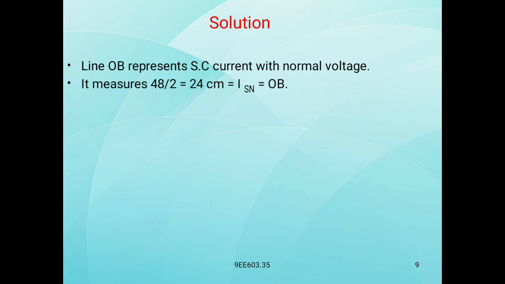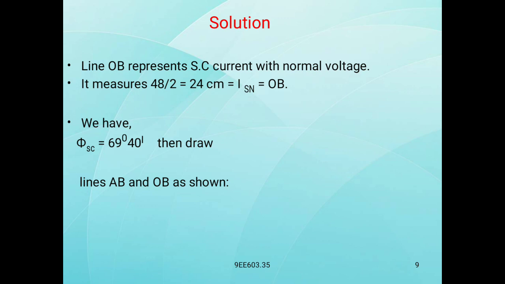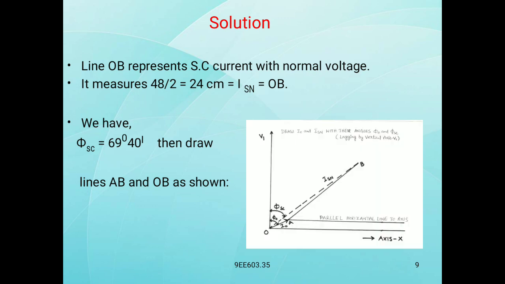It means 48 by 2, that is 24 centimeters, ISN is equal to OB. We have phi SC as 69 degrees 40 minutes. Line AB and OB is shown.